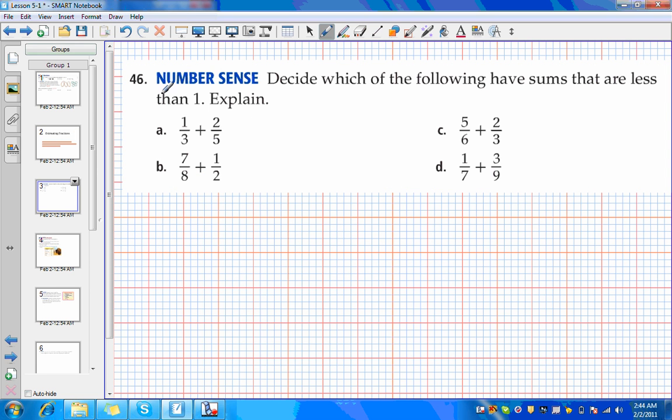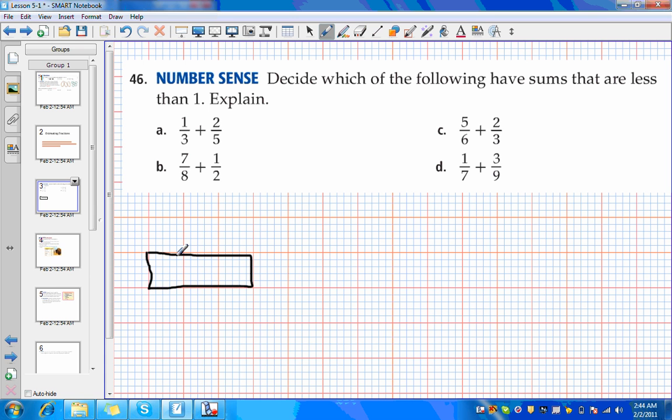Okay, so number 46, A through D, I want you just to tell me which would be less than 1. Here, what you can do is draw a bar model, and I'll do it for A. So A is 1/3, right?